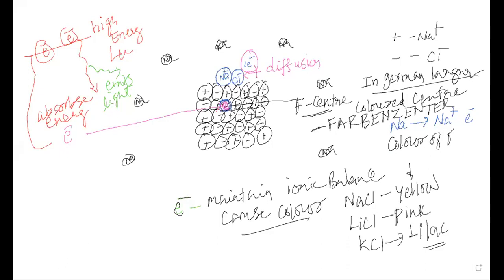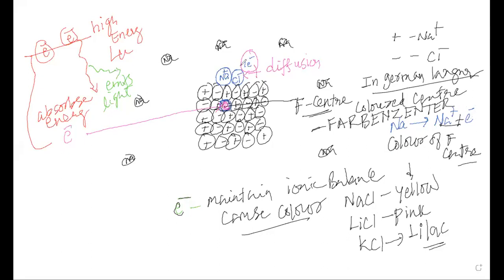So once again, my dear students, when a crystal is heated in the vapor of its positive ion atom, the negative ion diffuses from its place and comes near to the positive ion. The atom of the positive element creates the positive ion and an electron.